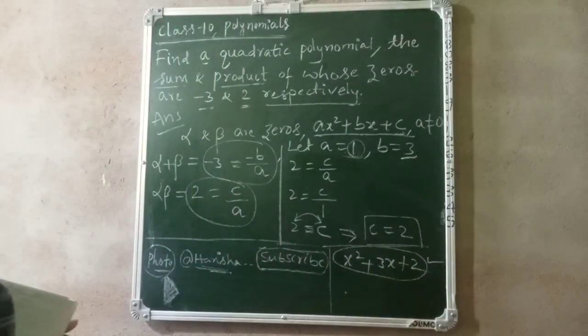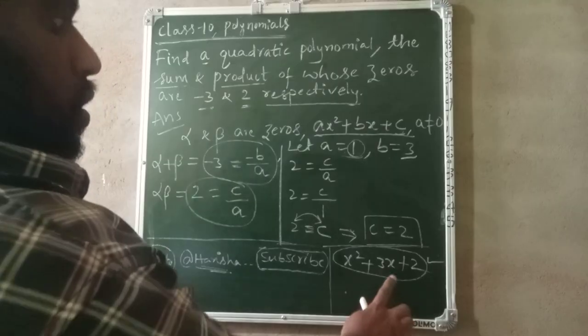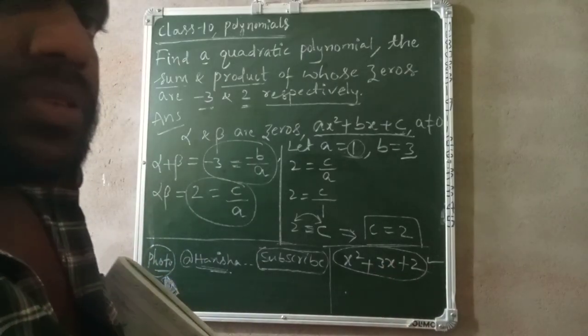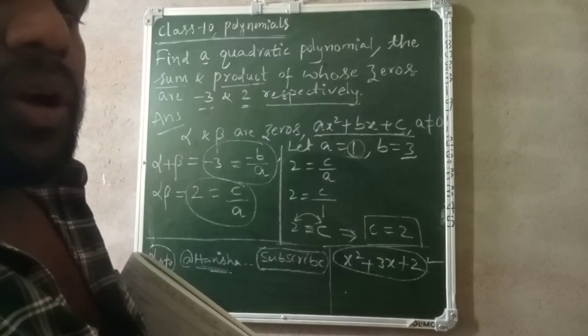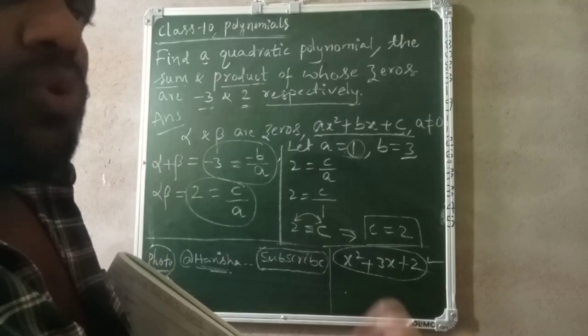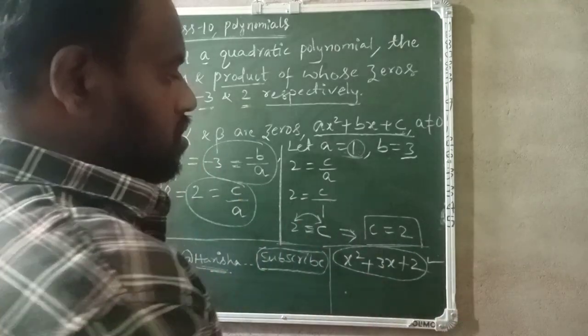The question is a quadratic polynomial we have to find. A quadratic means any one quadratic polynomial, so one quadratic polynomial we calculated. Sometimes they will ask not one quadratic polynomial, they will ask 2, 3, 4 quadratic polynomials. That time, you follow the same process.